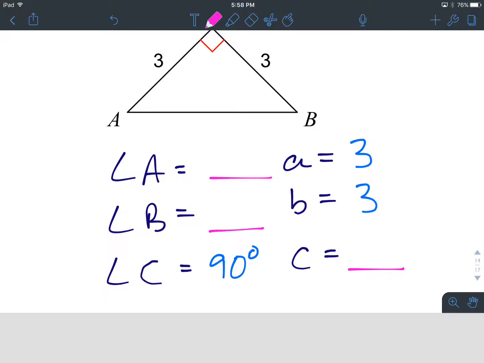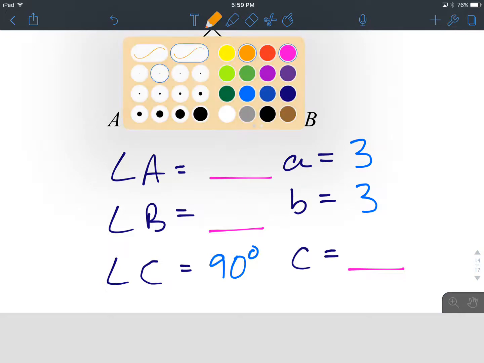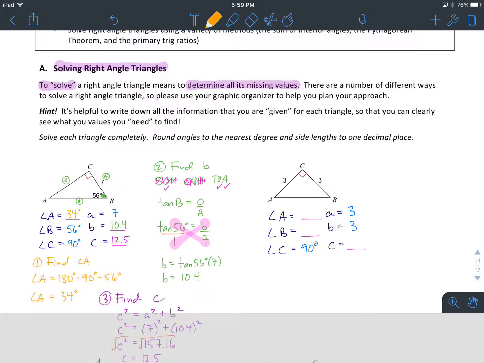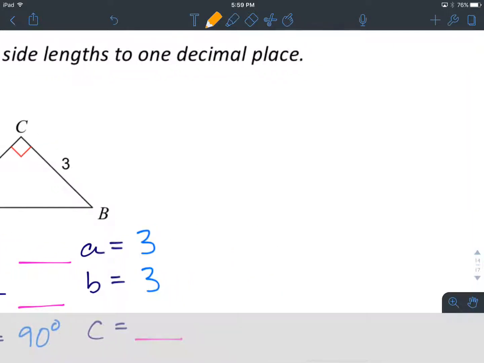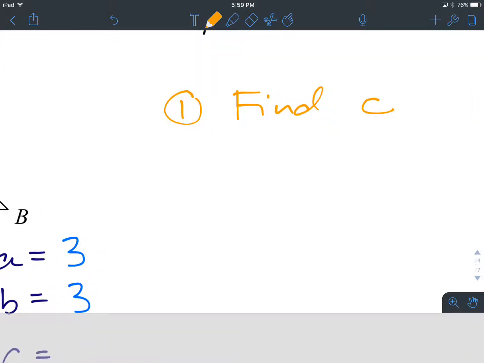So let's just go about putting this thing together. I don't have an angle for a primary trig ratio yet, so maybe we'll start with going to get side little c, which we can use the Pythagorean theorem to do. So let's sneak that in up over here. Number 1, let's go get little c. So find little c. And again, this is my hypotenuse this time. So c squared will be equal to my a squared plus my b squared.